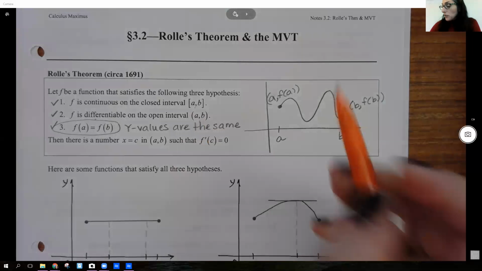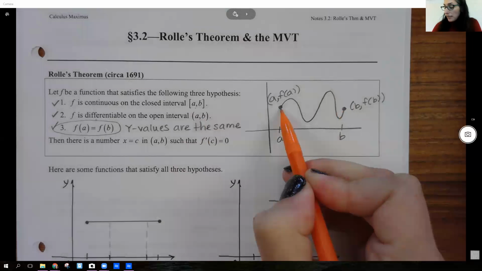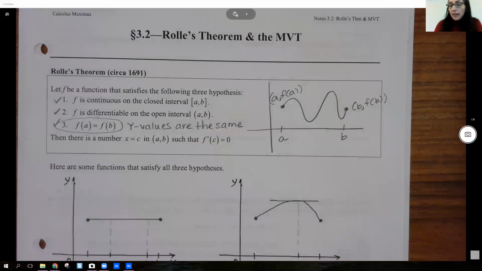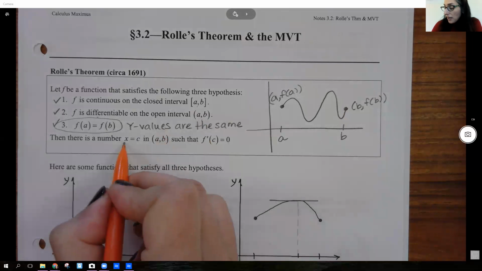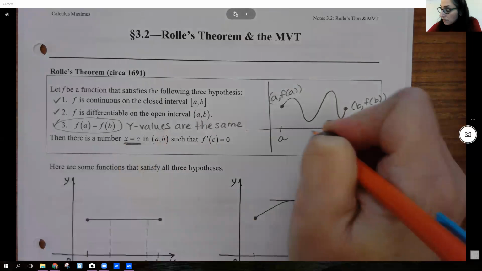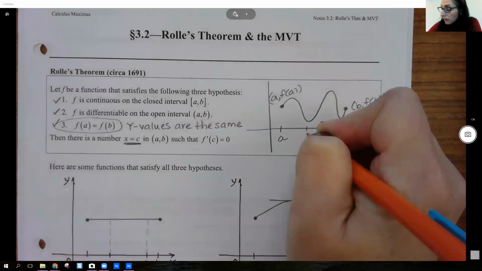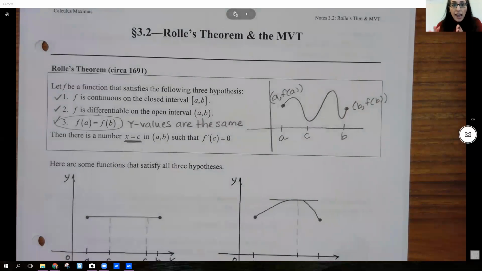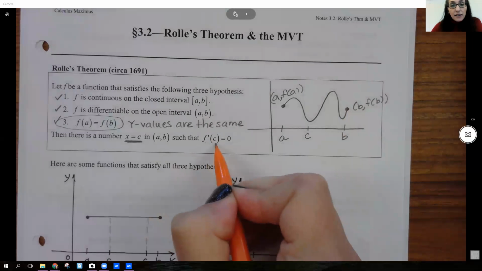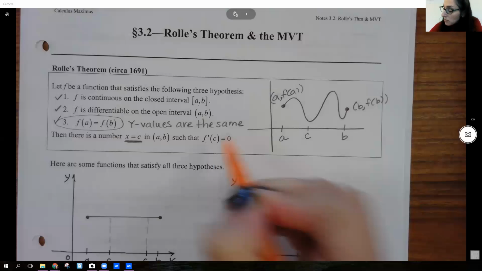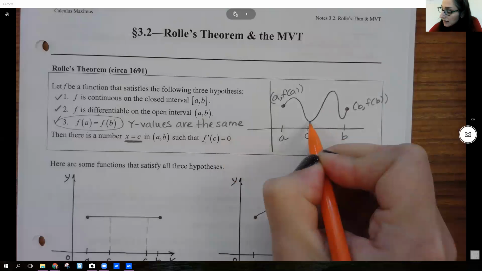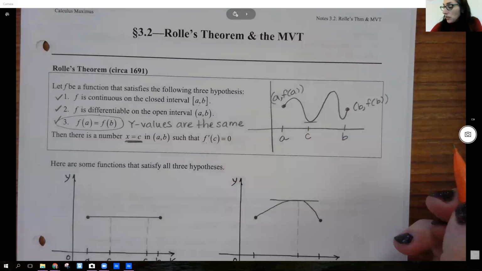And then these y values have to be the same, so they have to be at the same height. And so Rolle said, if that is the case, then there must be some x value, c, maybe I'll put it right here, in between a and b, such that the derivative at c is 0. So that just means that this tangent line has a slope of 0.